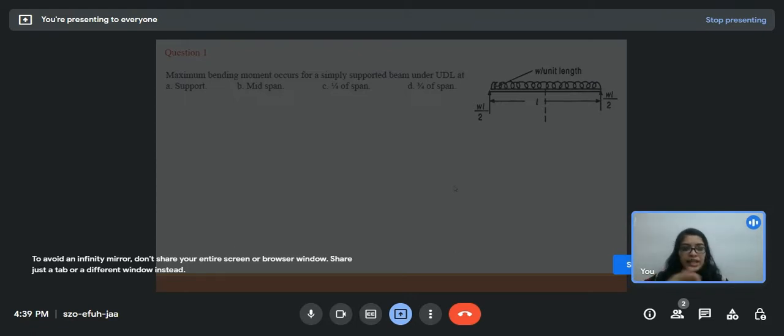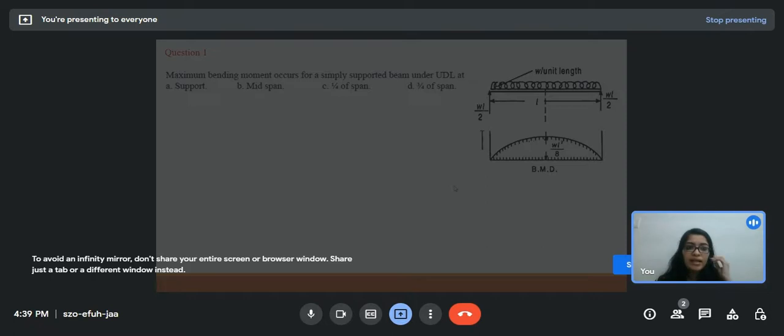And at each point we can find the bending moment by wL by 2 times x minus w into x into x by 2. So this will be the bending moment diagram of this beam, which is subjected to uniformly distributed load.